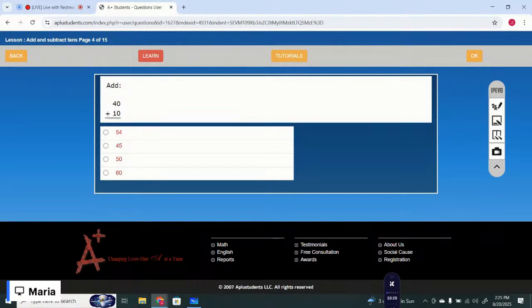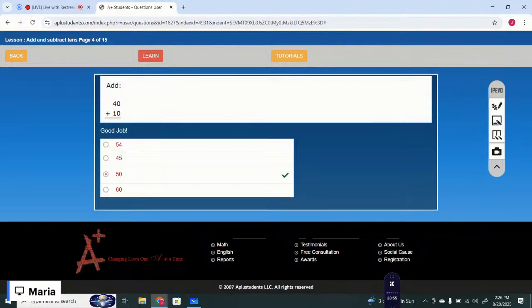40 plus 10. 0 plus 0 is 0 and 4 plus 1 is 5, that is 50.